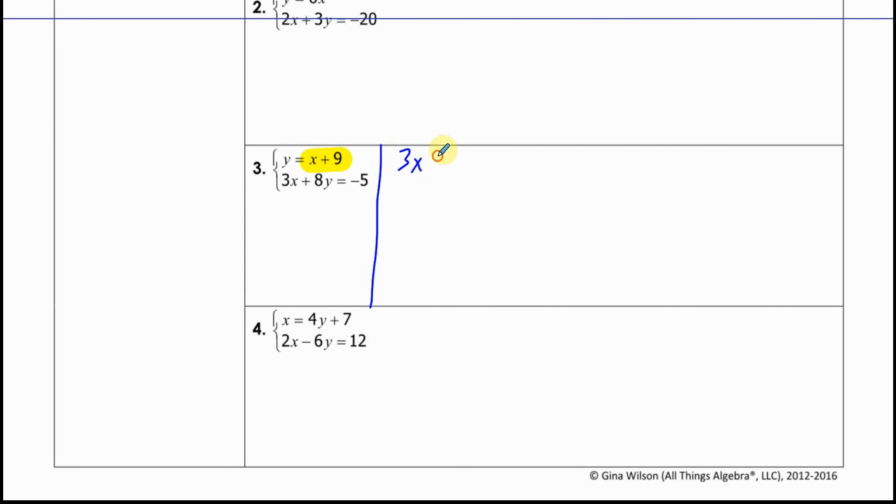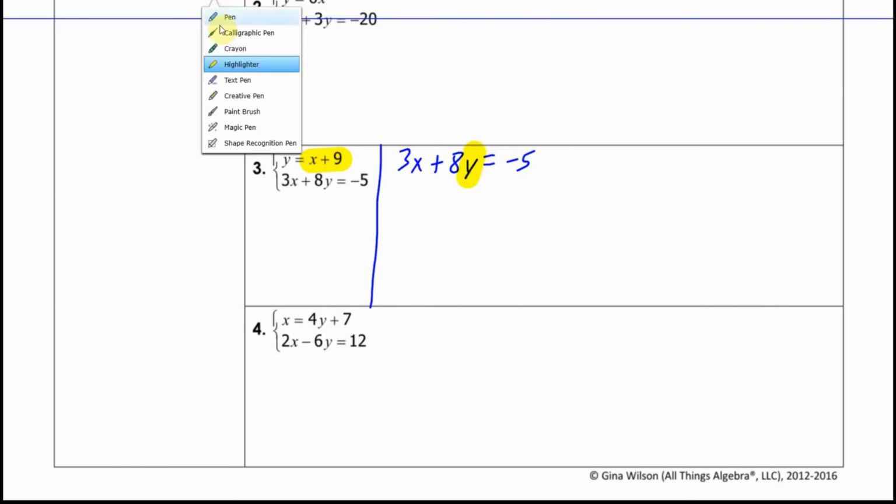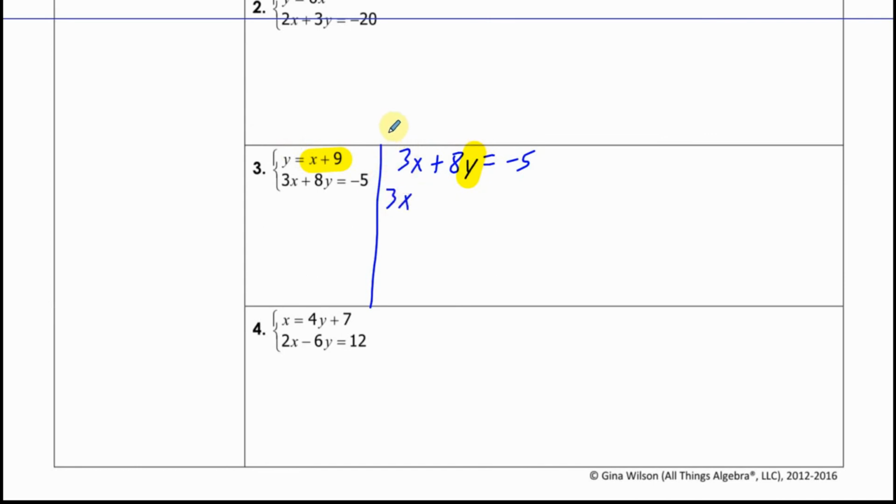So we're going to go to the second equation. And remember, y was equal to x plus 9. So if that's equal to y, that's what you put in the place of y. So now we're going to have 3x. I need to put here that I'm starting here, step 2.